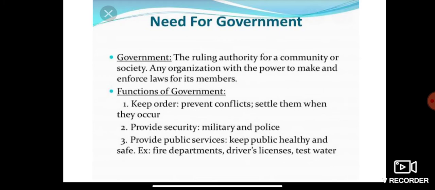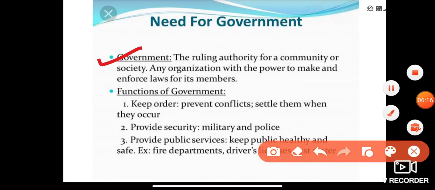It is a body of successive bodies of persons governing a state. In this way we can define government as an agency or administrative machinery through which the state realizes its objective. So government means the ruling authority for a community or society or any organization with the power to make and enforce law for its members.